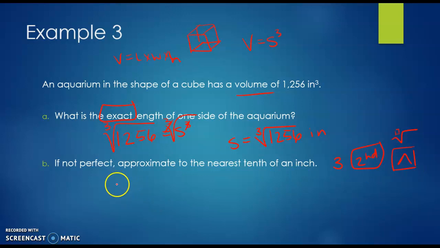So when I type that into the calculator, I get that s is 10.789, but we want it to the nearest tenth. So approximately 10 point, here's the nearest tenth, so 8 moves that 7 up. 10.8 inches is the approximation.